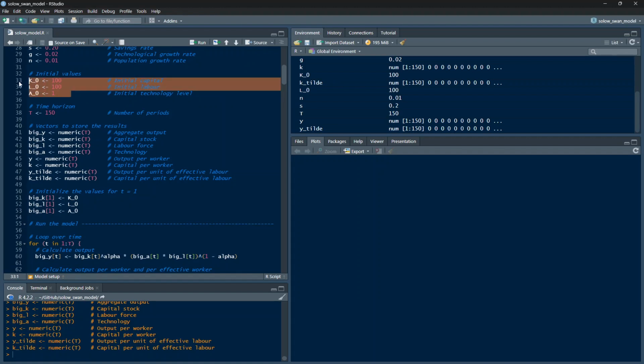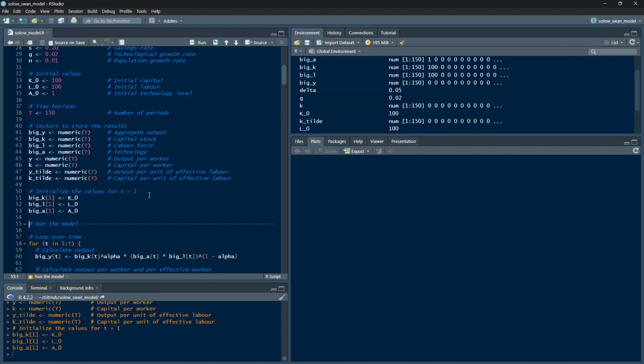So we take these initial values of capital, labor, and technology, and we're going to put them in the first position in each of our vectors. And you'll see that when I do that, for example, here on big A, the first element changed from a 0 to a 1, for big K from 0 to a 100, and likewise for labor.